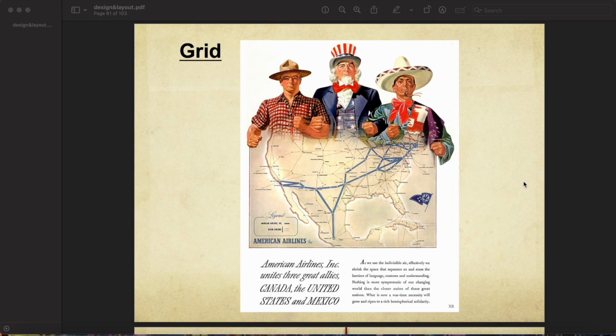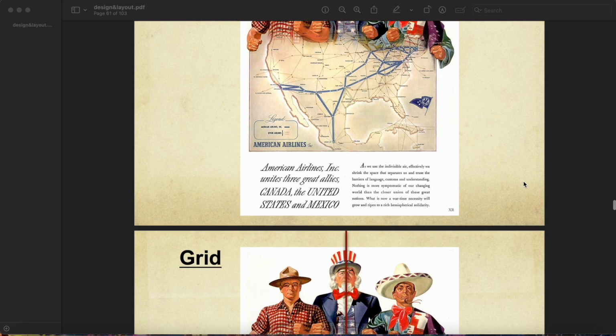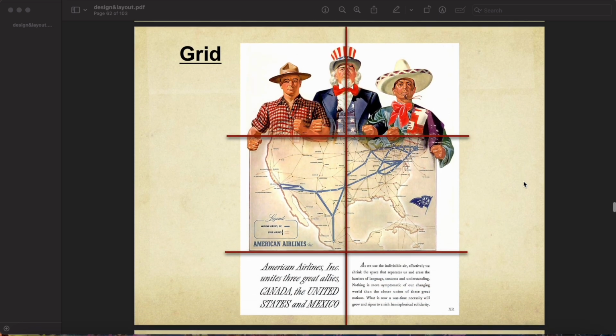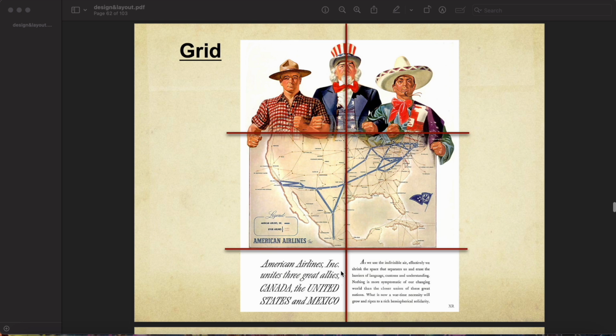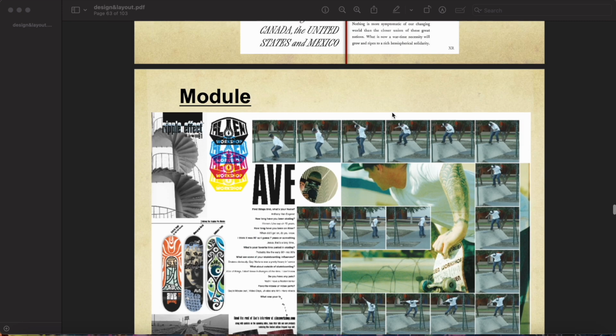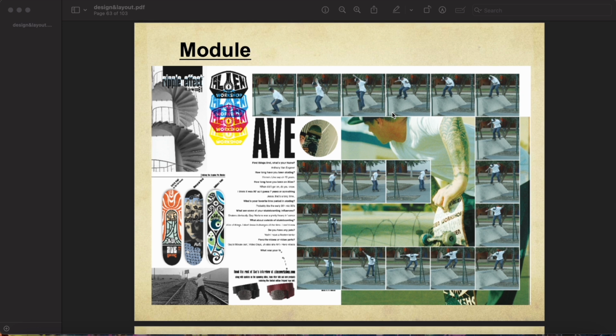This layout is a grid style layout. If we dissect it, we see that it's created in a grid. We have the bottom grid, we have the middle, it's separated into two, and then we have the top that's separated into two. And then piggybacking off of grid, we have module. Module is very modular.